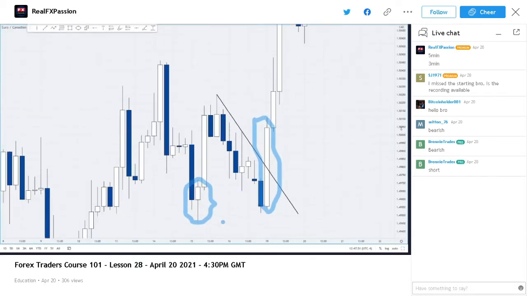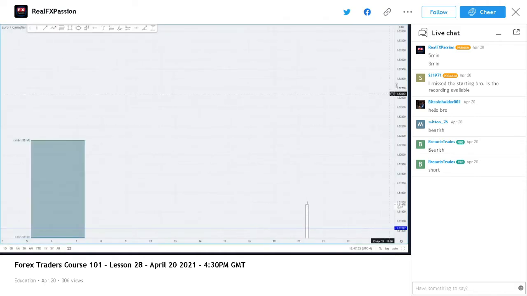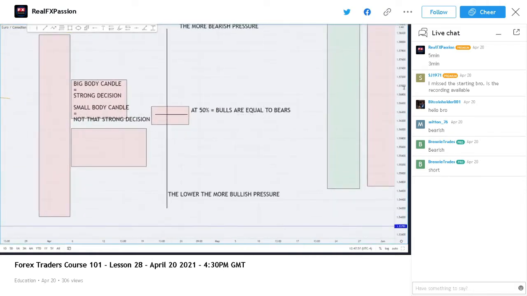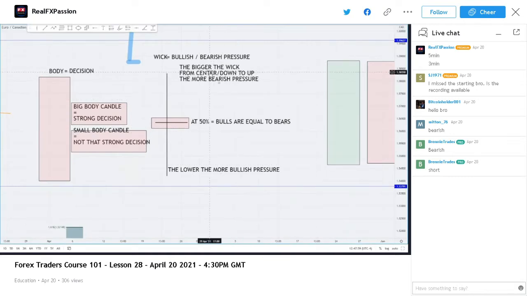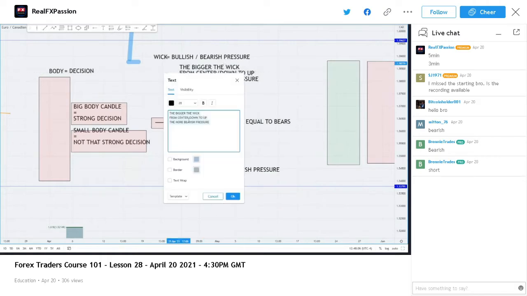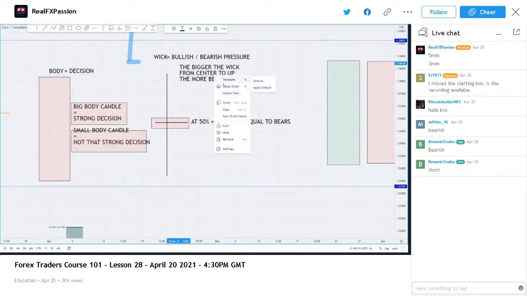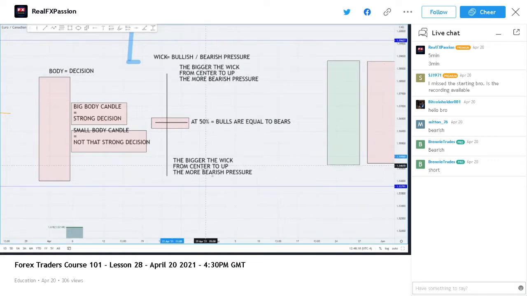So going back to the drawing board, everybody, and the concepts, the bigger the wick from center to up, the more bearish pressure. Okay, it's confusing, right? And we are going to clone this one, everybody. So if not, it gets confusing, right?